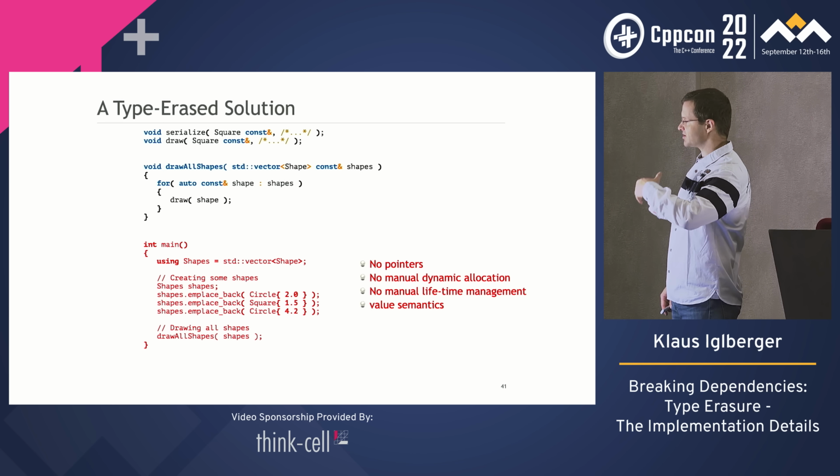Very strongly separated already. And because of that, you actually can test this quite trivially. You can test the circle, if you want to, and you can test draw, if you want to, in isolation, totally separated. And you then later only bring them together by this wrapper. Pretty nice already. Very, very, very nice.